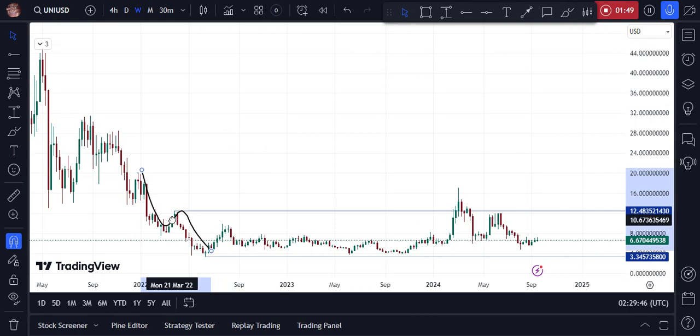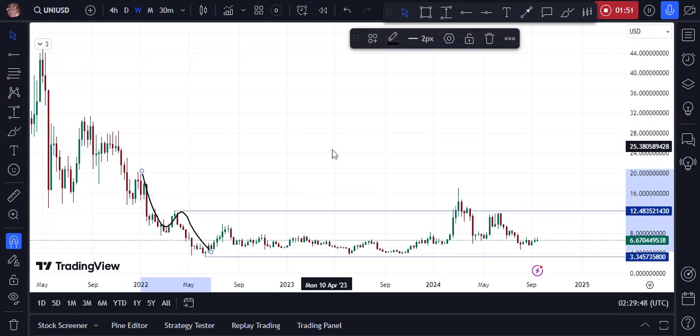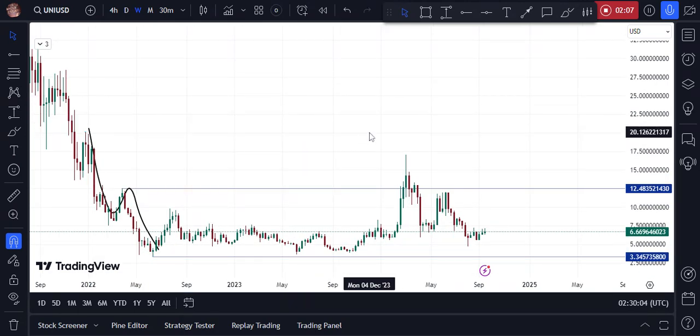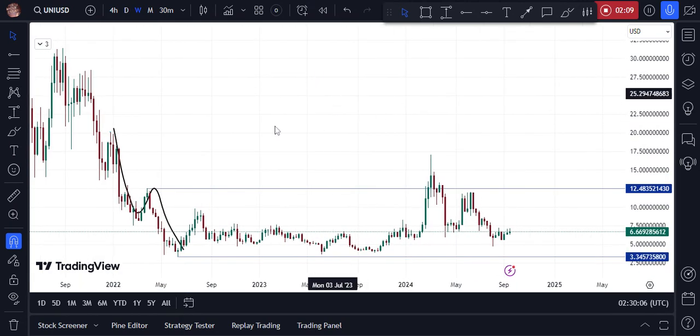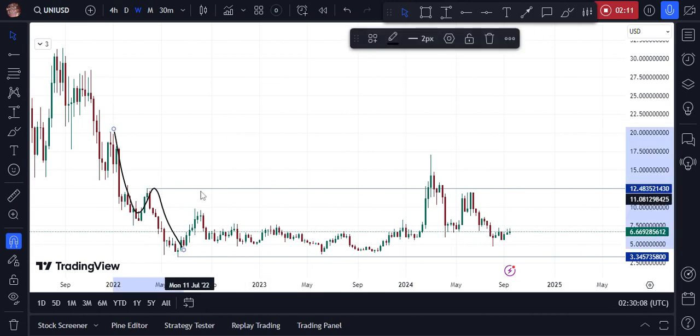Putting it here, this is how the move came. So I'm going to do something like this. That's why I'm drawing this. That is lower high, lower low. I don't know if you can get that. Lower high, lower low.